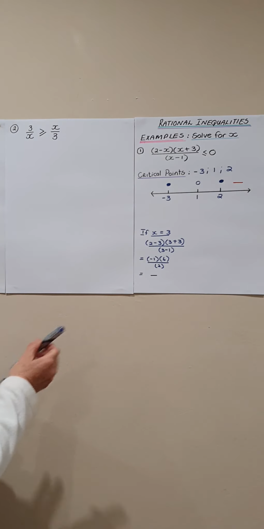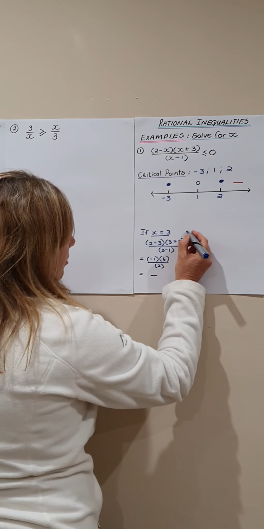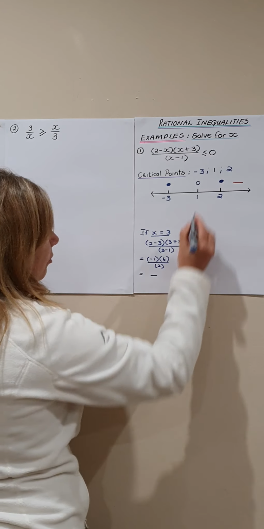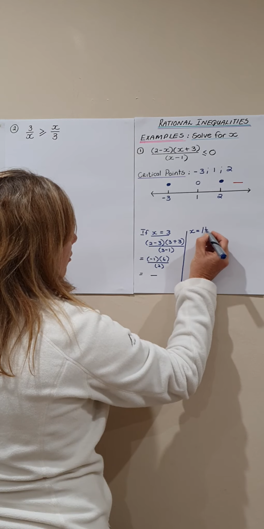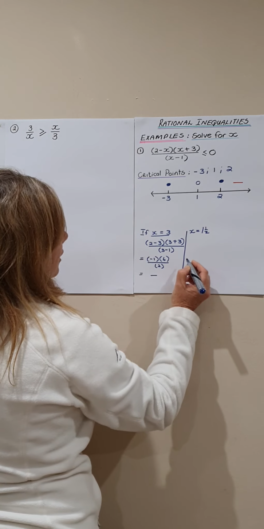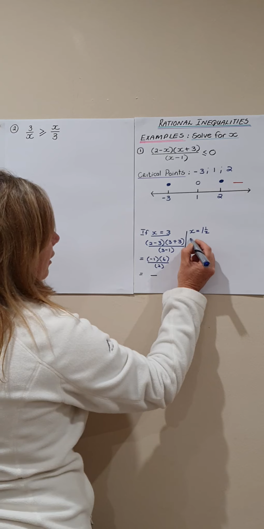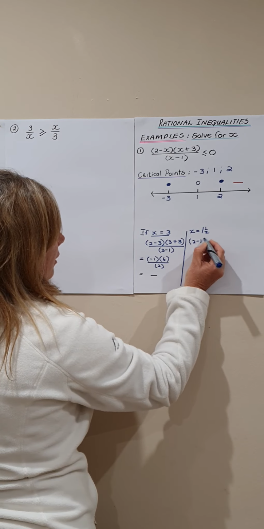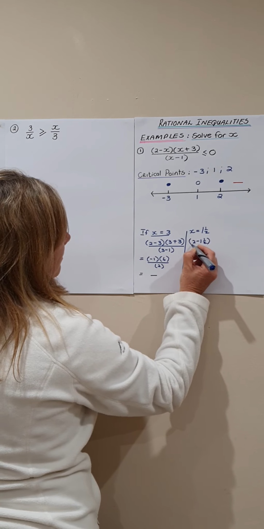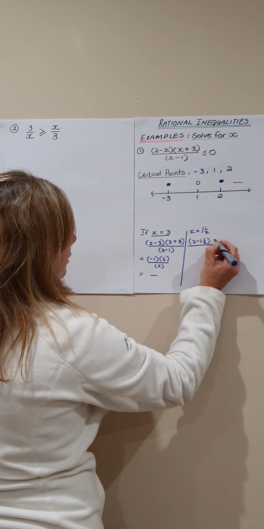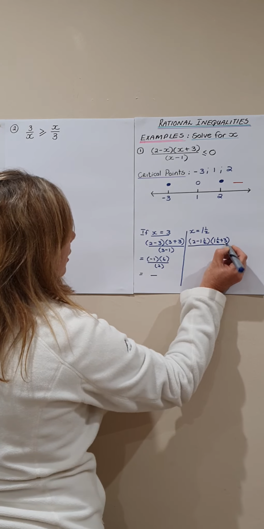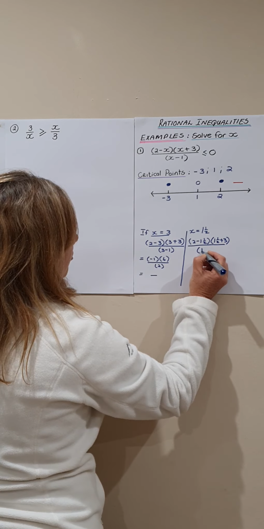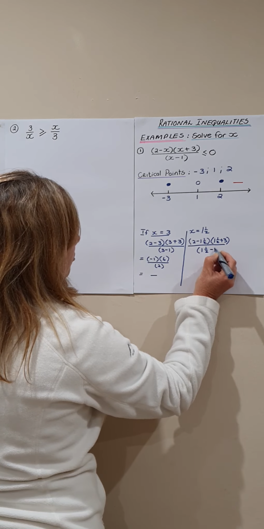Then I look at what would happen between 1 and 2. Let's say x is 1.5. I'm going to have 2 minus 1.5, over 1.5 plus 3, and 1.5 minus 1.